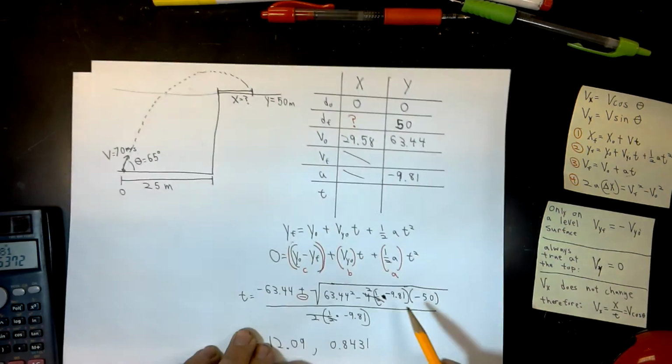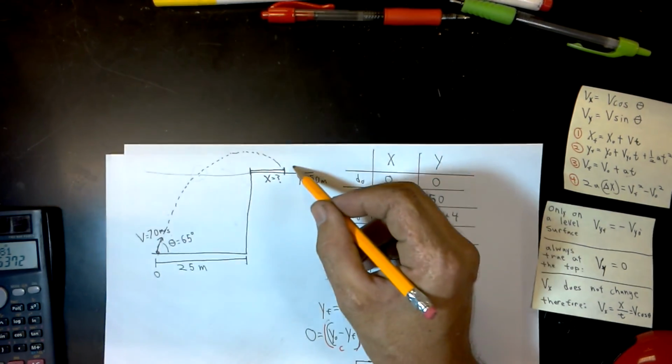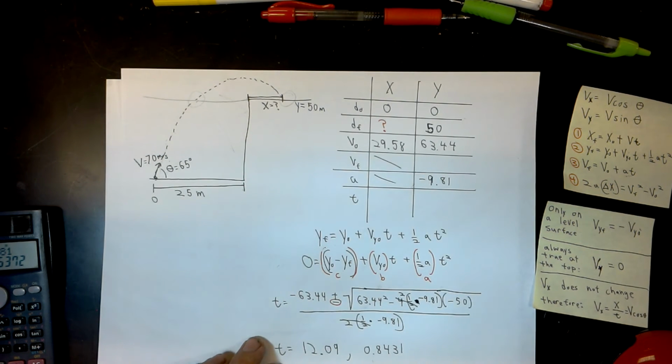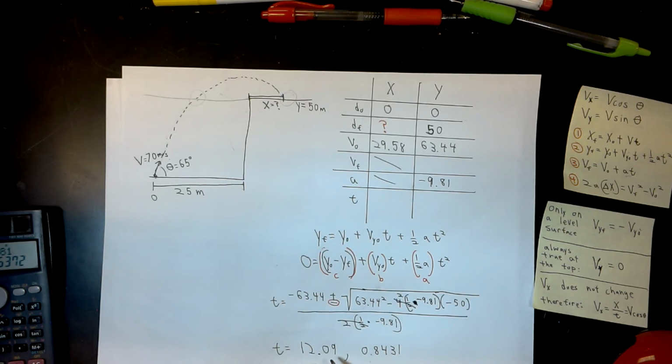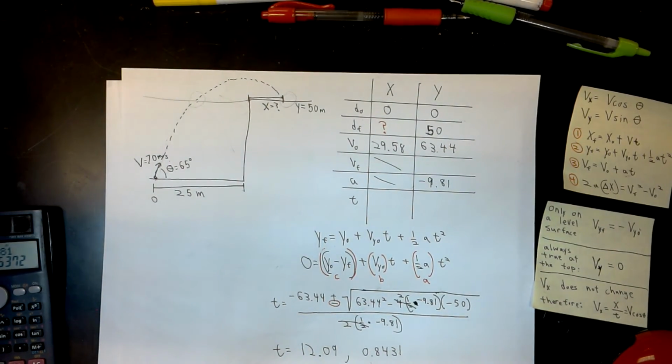That's because this difference in the y direction is referring to this location and this location. That's why we get two positive numbers. However, only one of them can be correct. And the way I know which one's correct is because I know in this situation, it's going to be the bigger one. It's going to take a long time for an object to go all the way up onto here. It's not going to take 0.8431 seconds.